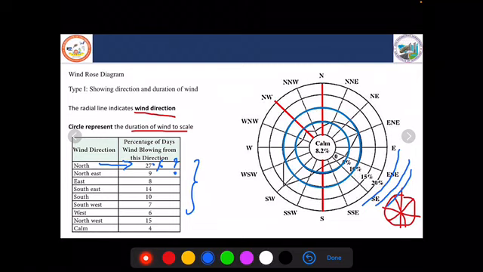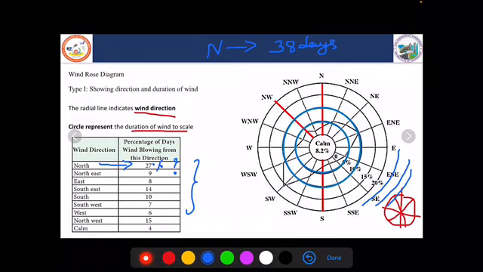For example, the wind blows from the north direction for a number of days, say 38 days in a year. So it says that in the region we have selected for the airport site, for 38 days the wind is coming from the north direction.